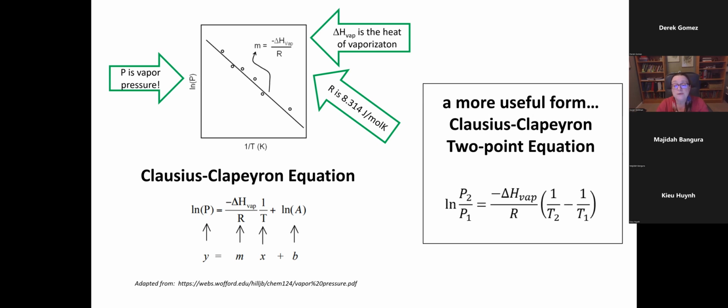You have to know one set of temperature and vapor pressure that go together, and a second set of temperature and vapor pressure data. So instead of having the whole line, it's going to use those 2 points to create that whole line. There are 6 different variables in that equation, and you should be able to solve for any one of those 6.